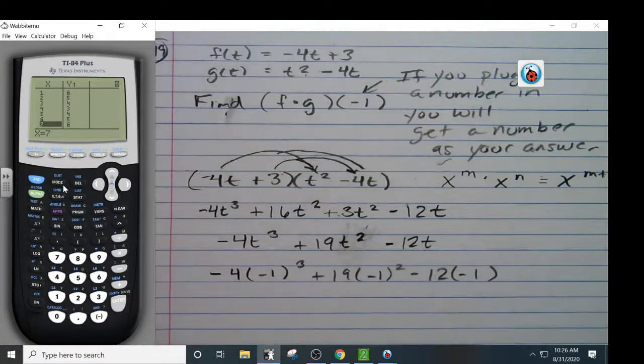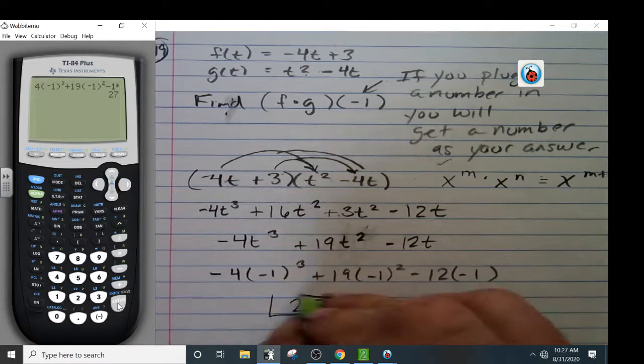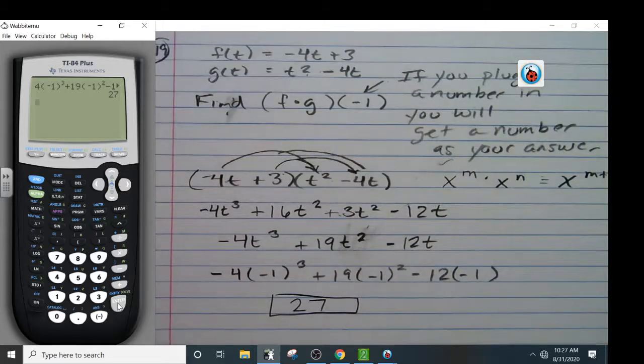All right, so going to home screen. Your answer is 27. So, guys, like I said, if you plug in a number, you'll get a number back out as an answer. Okay?